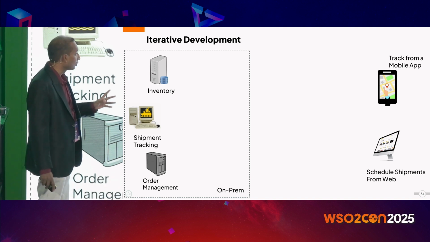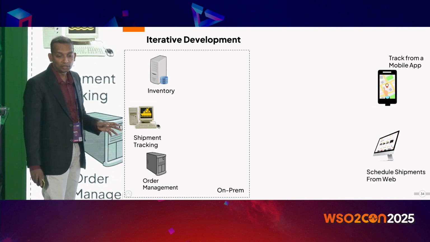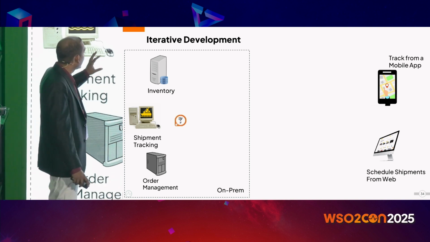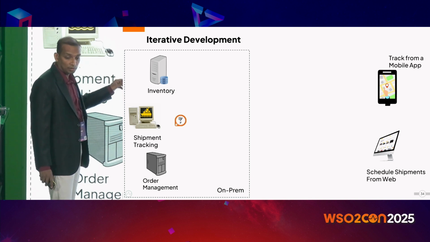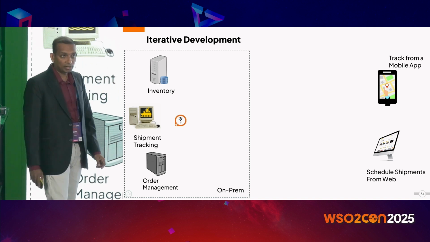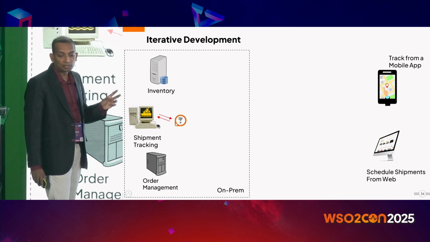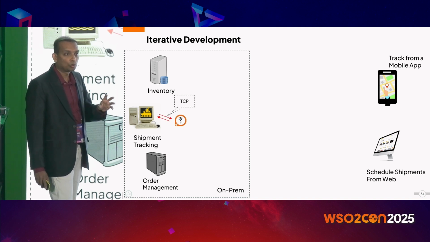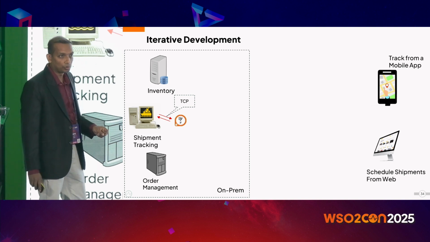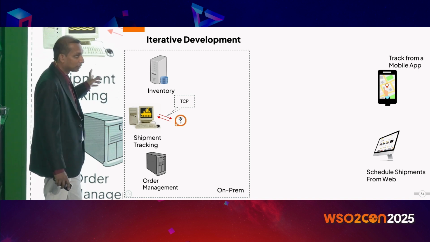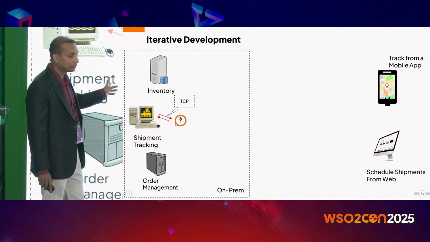So basically we are going to create integrations as APIs. To do that, first I will create a microservice to get connected with the shipping tracking service. In this shipping tracking service, luckily there's an external interface that we could talk to using the TCP protocol. So that integration is somewhat straightforward compared to the others.